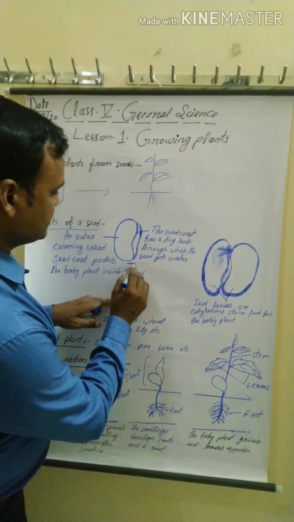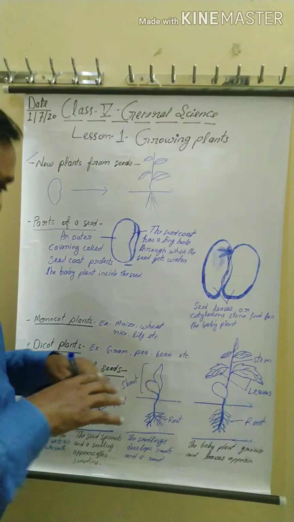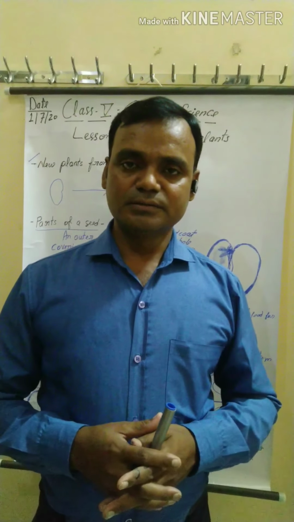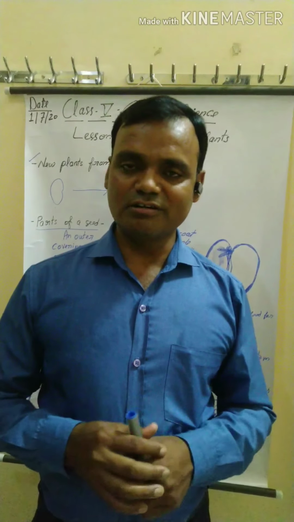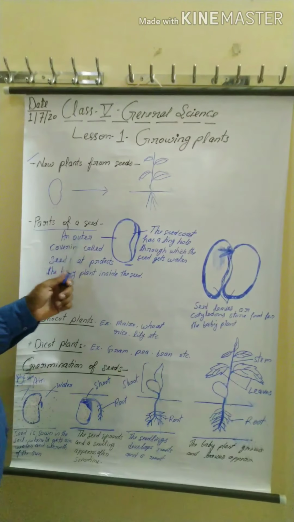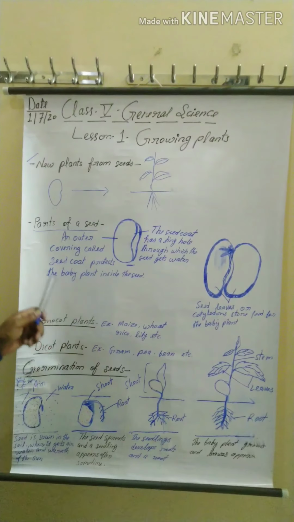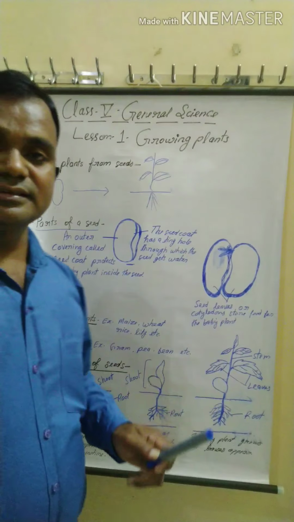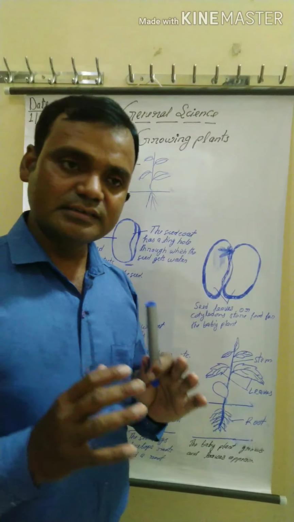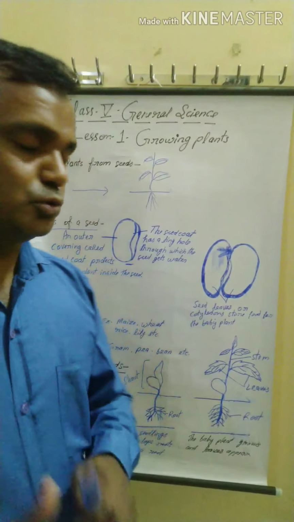This diagram shows the outer part of the seed, and this outer part is a hard covering, called the seed coat. See here, the outer covering is called the seed coat. The seed coat protects the baby plant inside the seed.